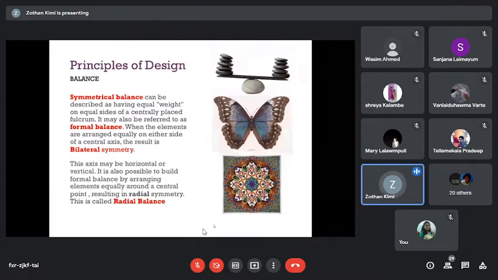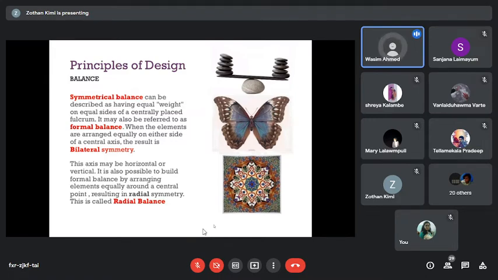Wasim, can you read the slide, please, loud and clear? The principle of design, balance. Symmetrical balance can be described as having equal weight on equal sides of a centrally placed fulcrum. It may also be referred to as a formal balance.